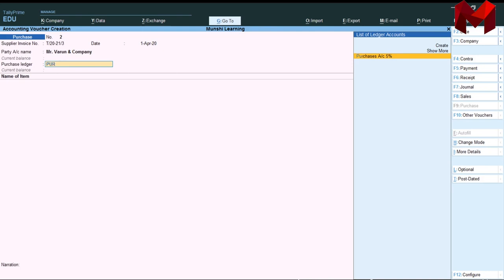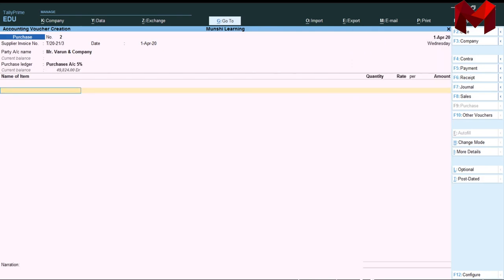Purchase ledger, purchases at the rate of 5%. Let's say ladies footwear only. Quantity. You can write any quantity. Like in the debit note that was 10,000. Let's say 10,000 quantity was there. And the rate is 65 rupees.